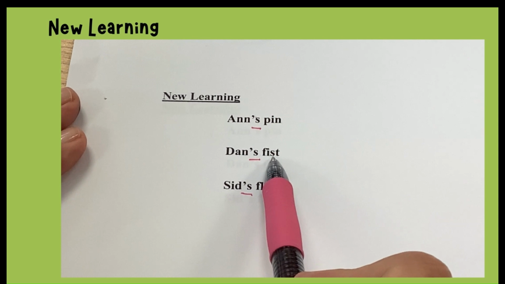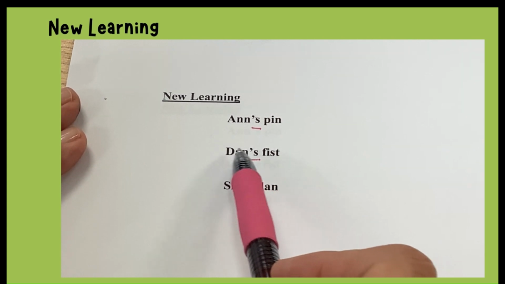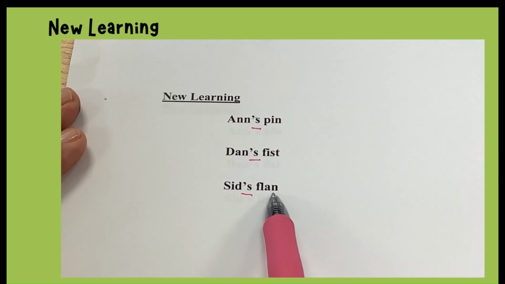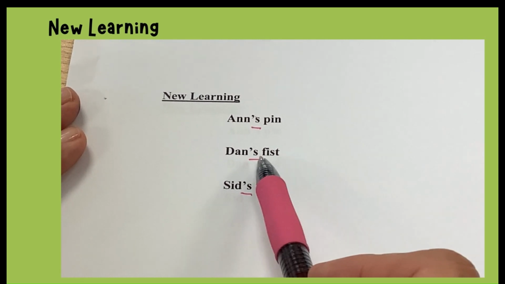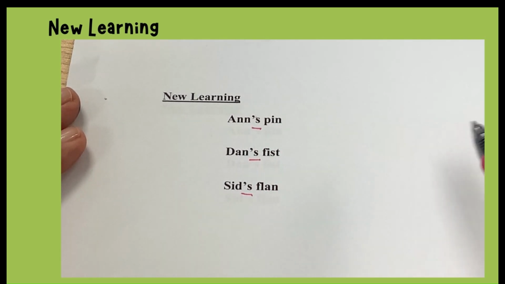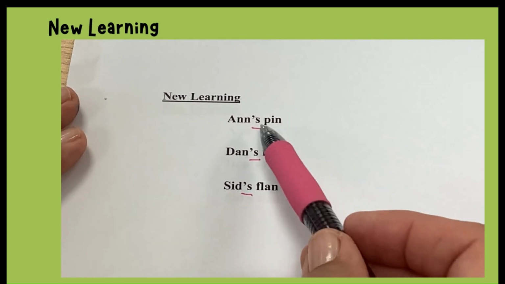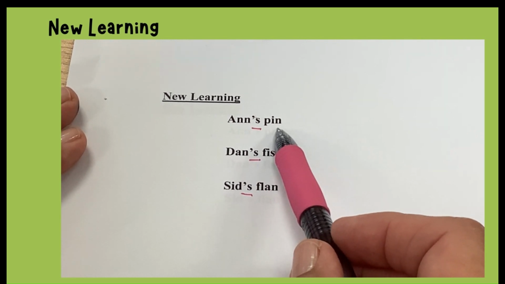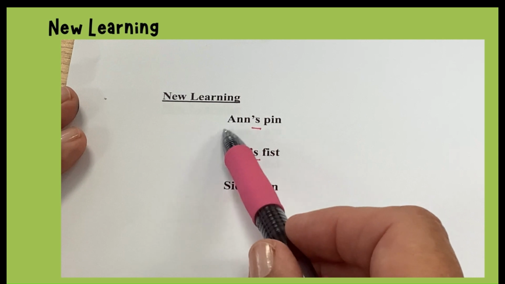The fist belongs to Dan. The flan belongs to Sid. What do you think apostrophe S means? What did I repeat 3 times? Yeah, you're right. Apostrophe S means belongs to. So the pen belongs to Anne.